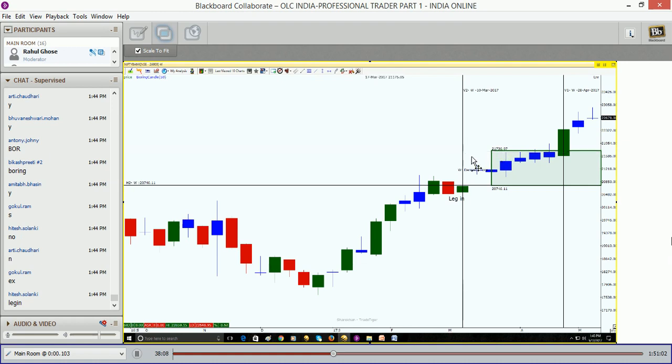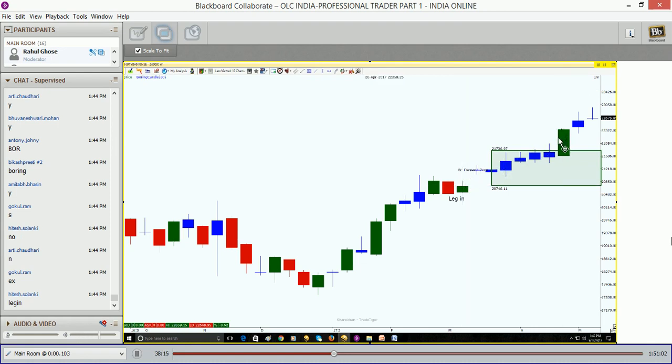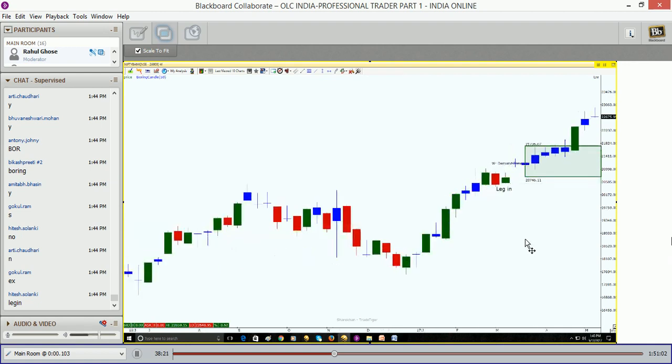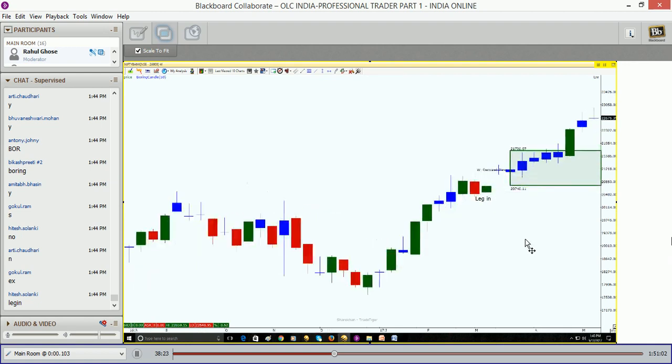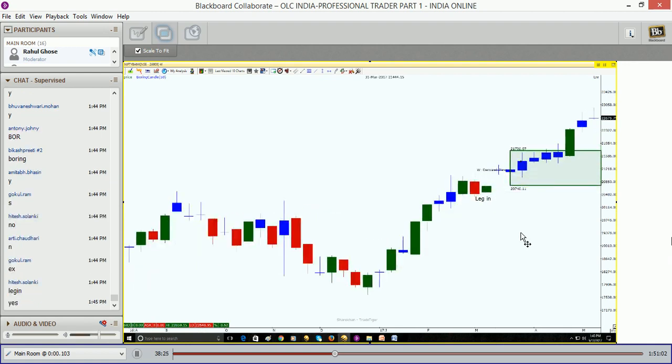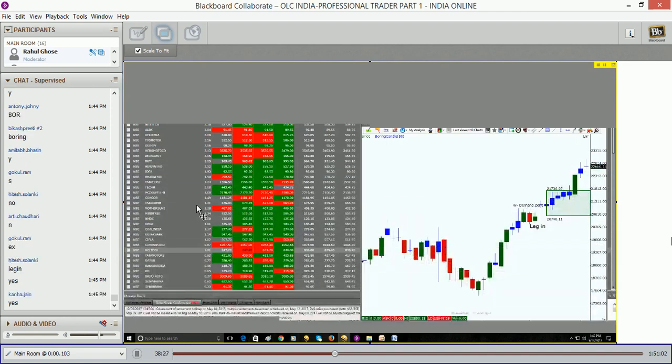I remove this horizontal line, this horizontal line, this vertical line, this vertical line. Clear, everybody? Yes, shall we do an exercise on our own to mark a demand zone?